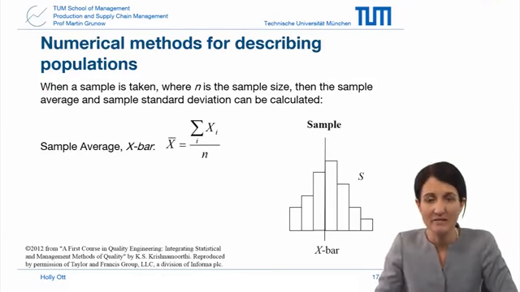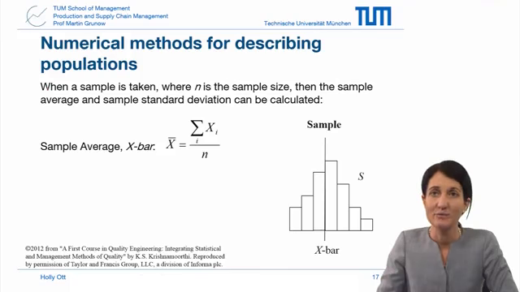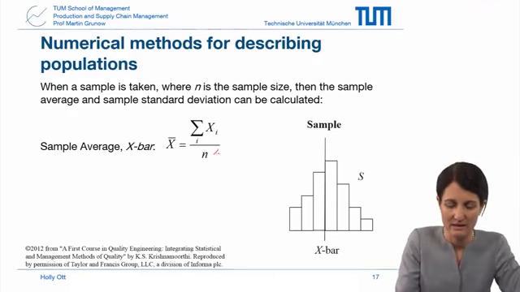The sample average is given by the symbol X bar, and this is the sum of all the X_i observations in the sample of n elements divided by n, where n here is the sample size.